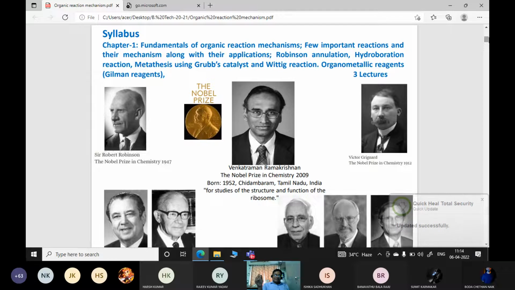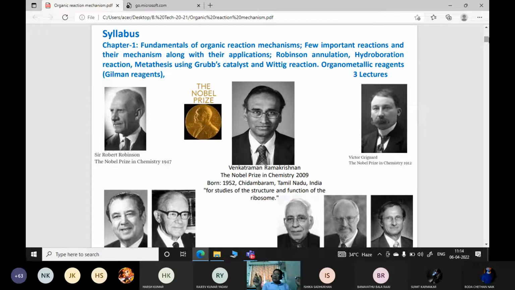Each and every step has some elementary change. Elementary change means either bond making or bond breaking. All the bond making and bond breaking within the course of the reaction involves intermediates or transition states. If we can represent that reaction as a whole, then that is known as the reaction mechanism.